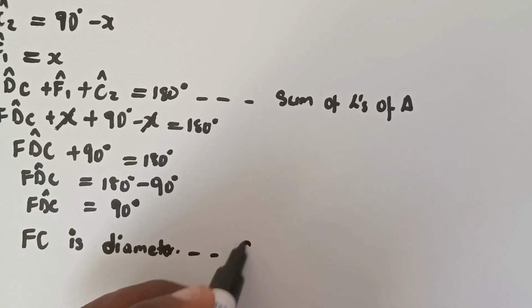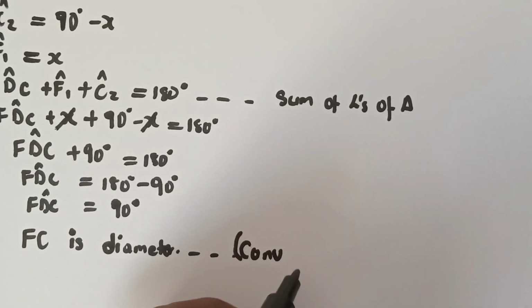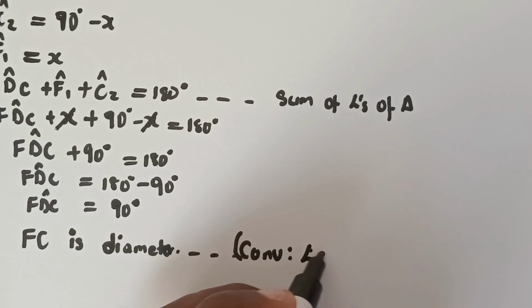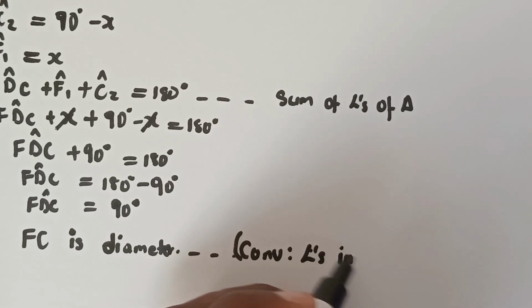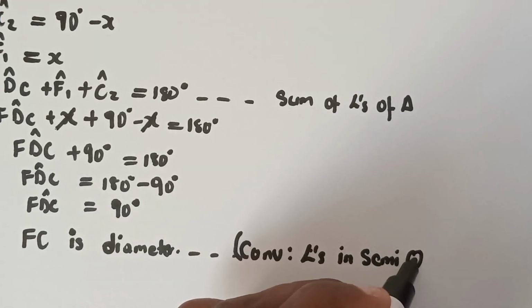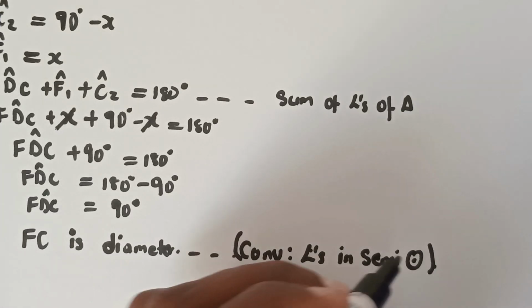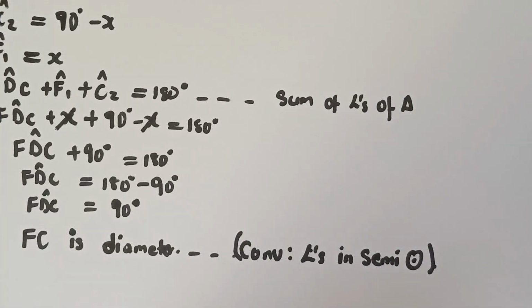Then our reasoning is just that converse, that is angles in same circle, I mean angles in semicircle. Yeah. Then we are done with question 9. Let's look at question 10.